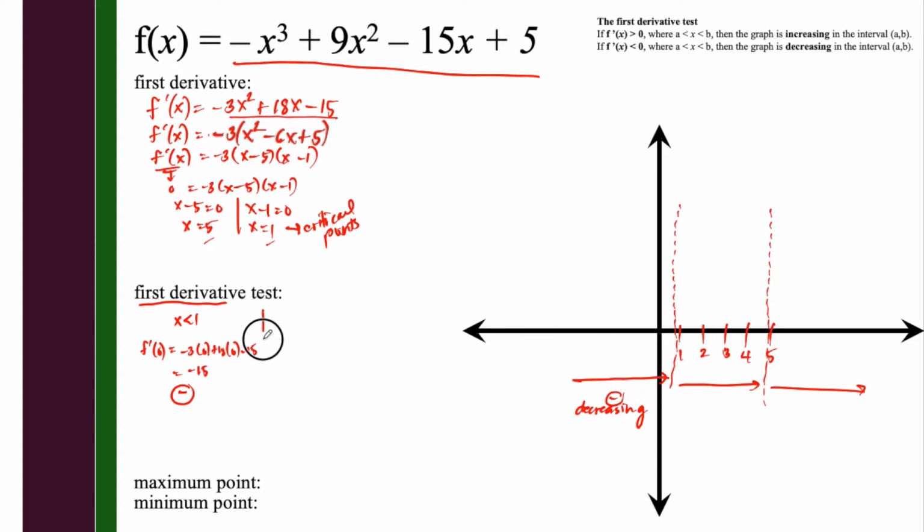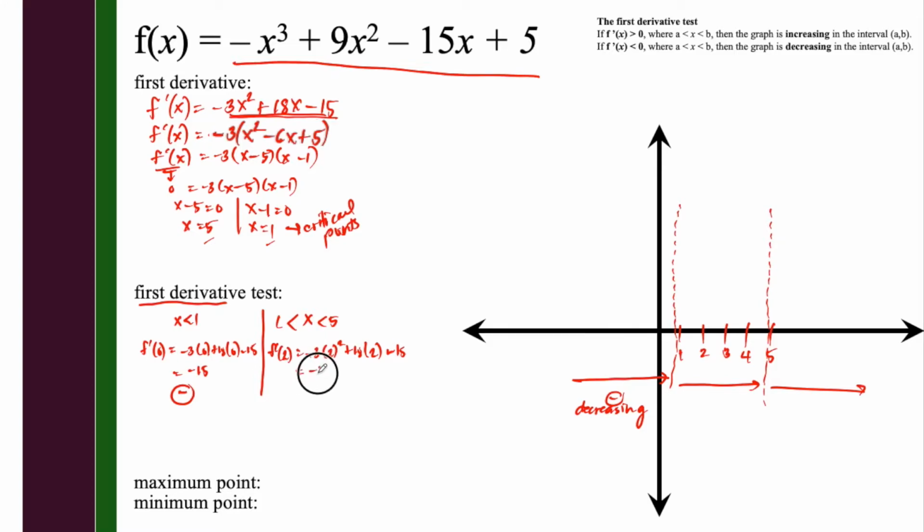Next, on the other interval, let's have the interval from 1 up to 5. So let's take any number between 1 to 5. Let's take 2. So substituting 2 on the first derivative, we have negative 3 times 2 squared plus 18 times 2 minus 15.